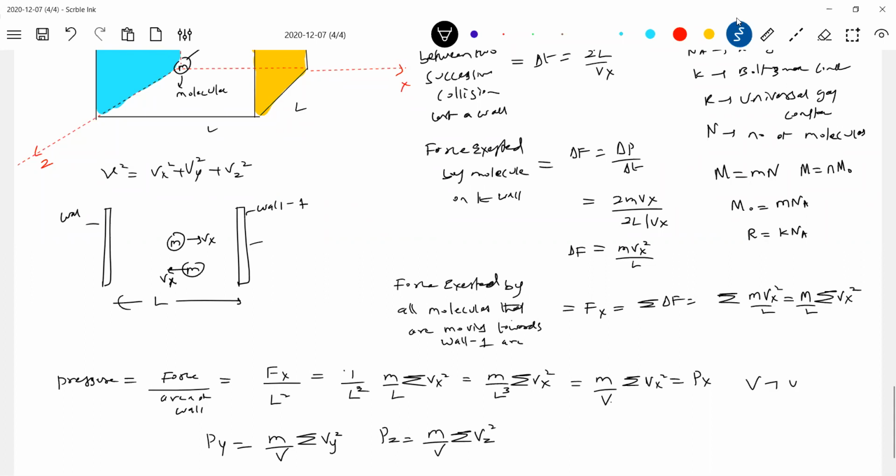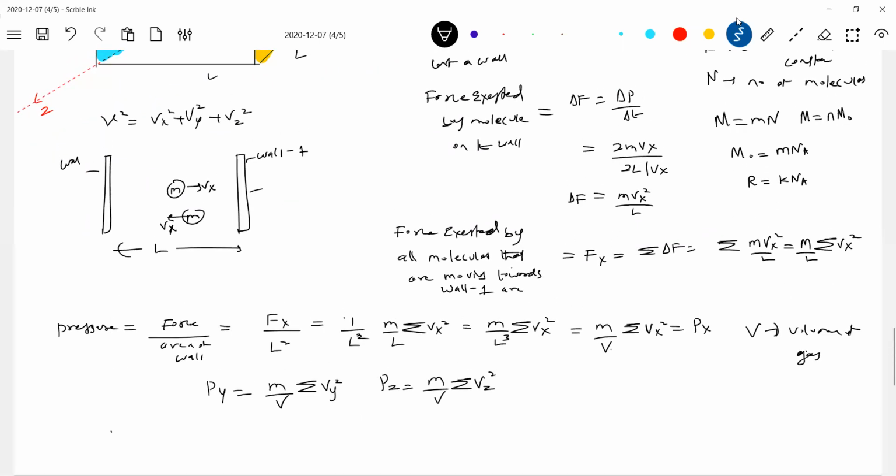So what is V? Strictly volume, not speed of something. Volume of container or volume of gas, whatever it be. So the total pressure is P equal to Px plus Py plus Pz.